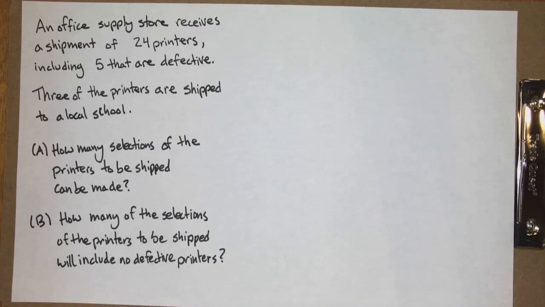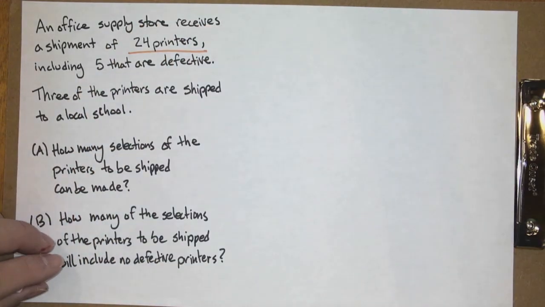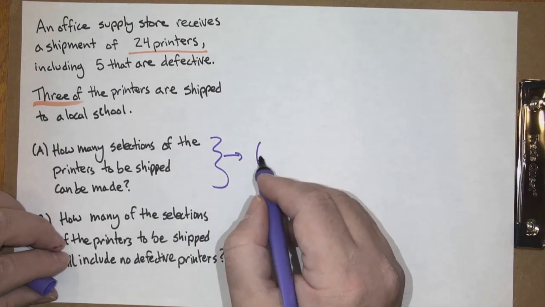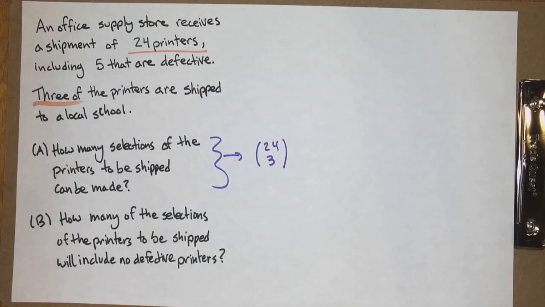So, how many printers are there? There's 24. How many are being shipped? There's 3 being shipped. So, I take 24, I choose 3. What's the answer? 24 choose 3. All right, that's part A.